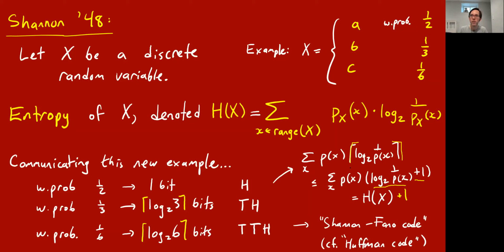If you break this expression up into its 2 parts, the first part, when you expand it out, gives you the actual entropy term. And then you get plus the sum over x of p of x times 1. So that's just +1. Okay, so overall, this simple method of encoding or storing draws from a random variable x uses a number of bits which is at most the entropy +1.